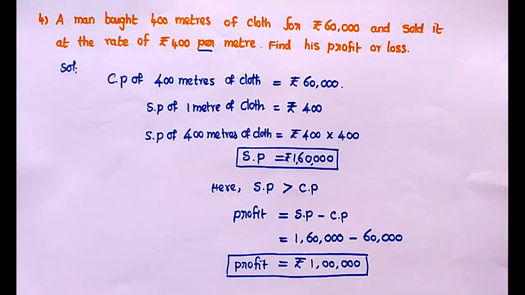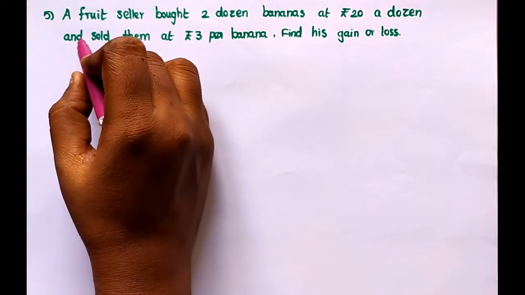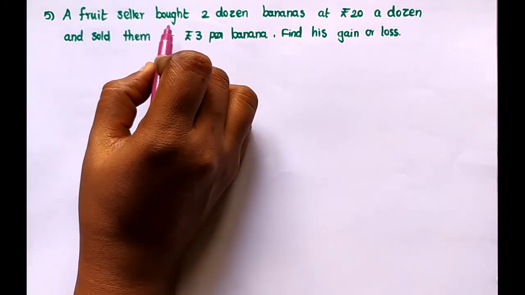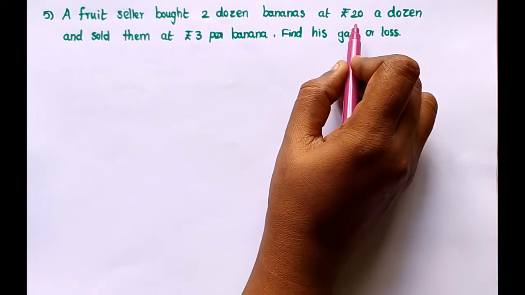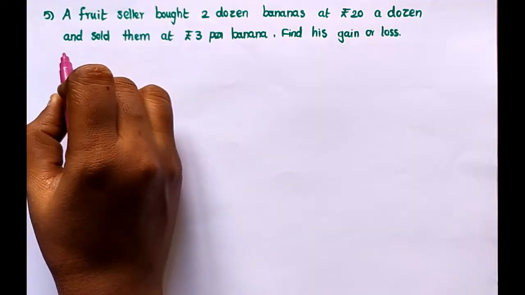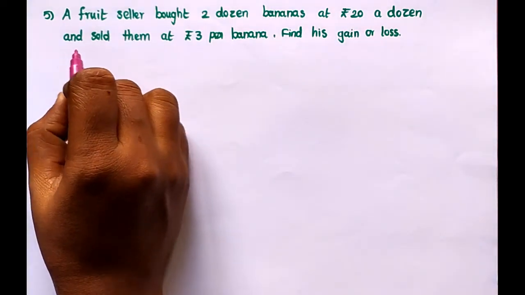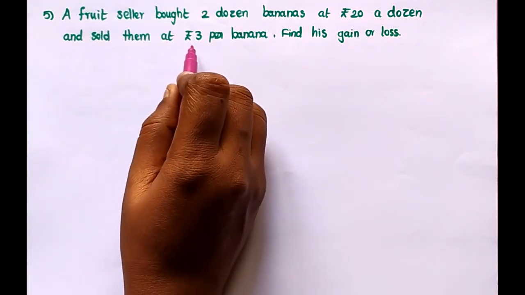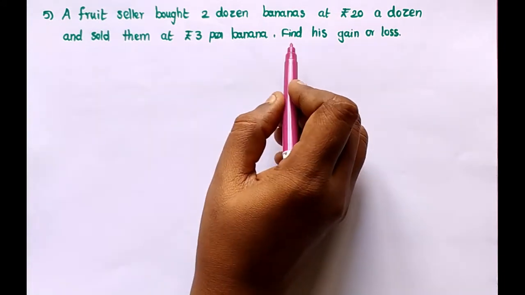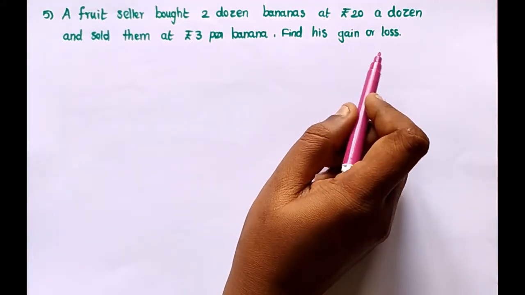That is the answer. Fifth sum: a fruit seller bought 2 dozens bananas at rupees 20 a dozen and sold them at rupees 3 per banana. Find his gain or loss.